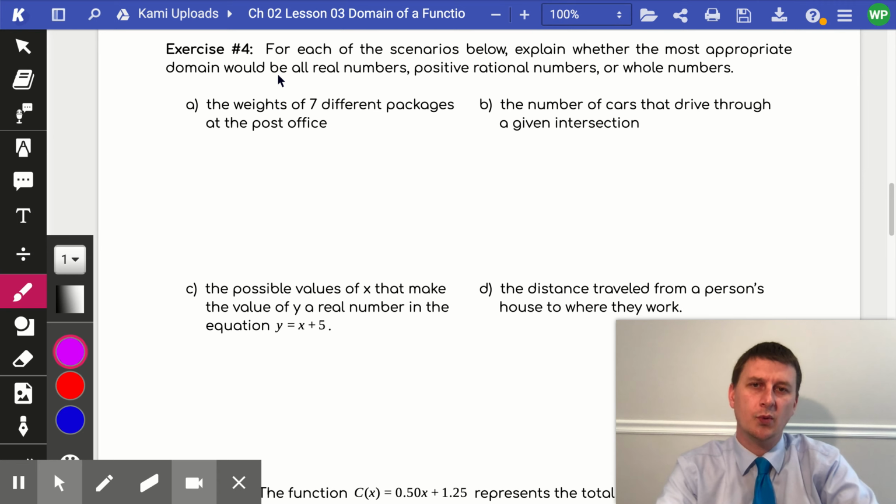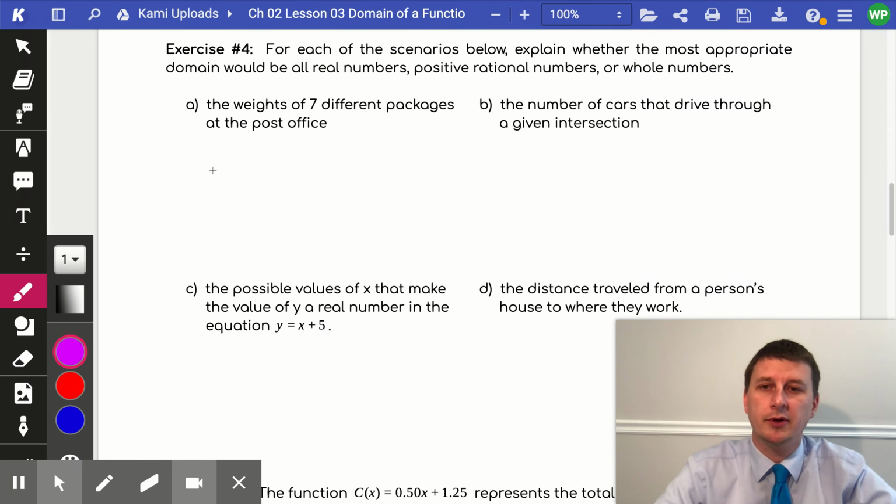So can you measure weight as a decimal? And the answer is yes, you can, because you could have something that weighs 2.5 pounds or 2.6 pounds, maybe 2.7 pounds. Finally, whole numbers is not the most appropriate domain, although weight can be measured in whole numbers. But that means you can't have a decimal number of pounds, but we know that you can.